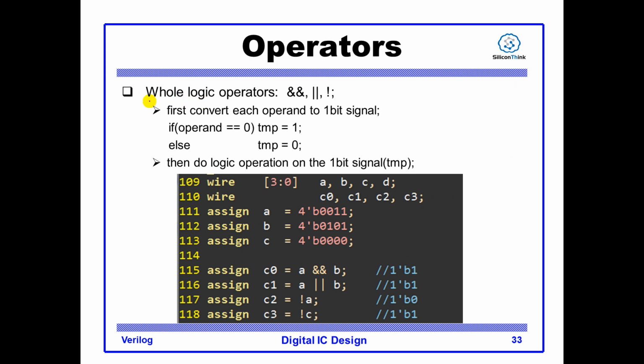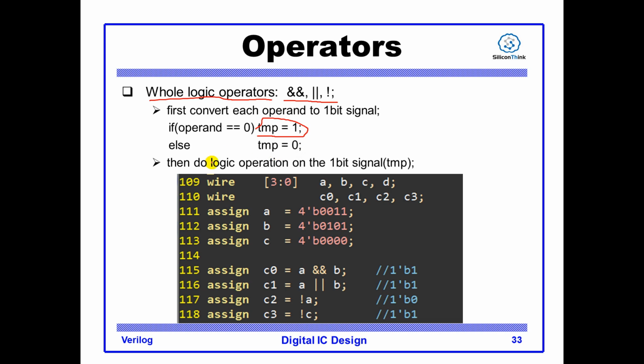Then there is the whole logic operator, that takes the inputs, or you can say takes the operand, as a whole, such as these operators. The operation takes 2 steps. First, convert each operand to a 1 bit signal. If the operand equals 0, you have a temp value of 0, otherwise you have a temp value of 1.